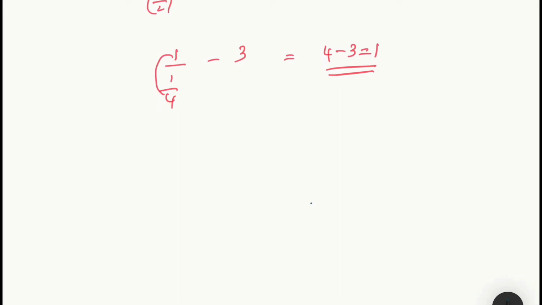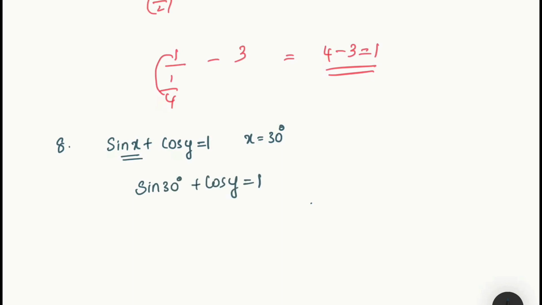Now let me do the 8th question. If sin x plus cos y equals to 1 and x is equal to 30 degree, find the value of y. So let us substitute x as 30 degree. What do you get? Sin 30 plus cos y equals to 1.